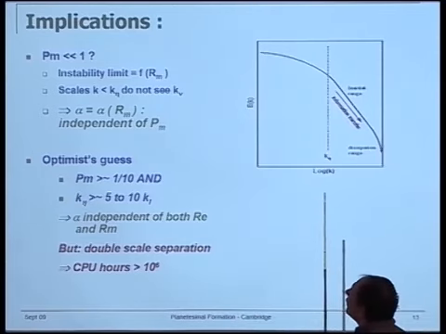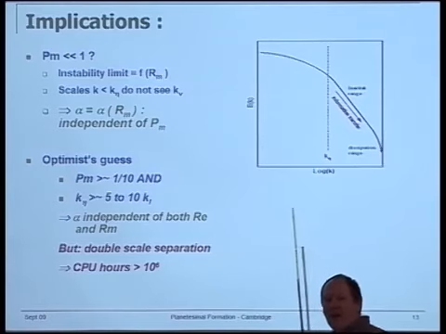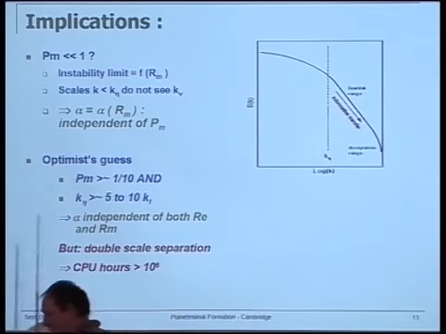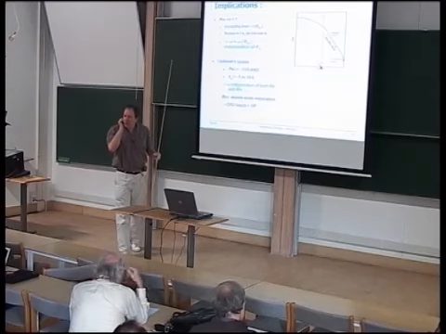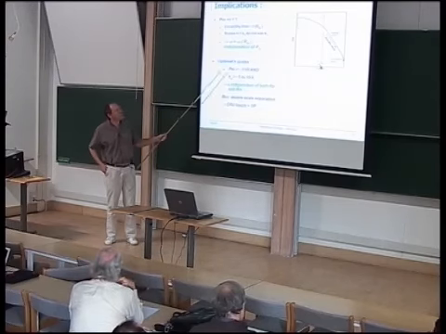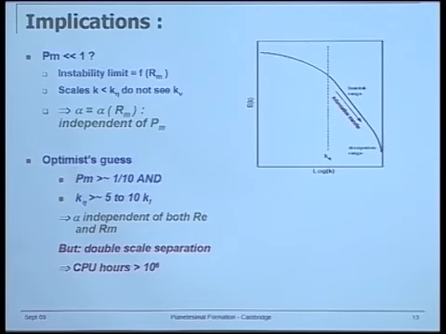So can we guess where we are from this saturation, this absence of dependence on the Prandtl number? If I look back at the three runs I've just shown, I guess that you need to achieve a Prandtl number of the order of 1/10, well, it's the other way around, smaller than that, and a scale separation between injection and the resistive scale of at least a factor of 5 to 10.